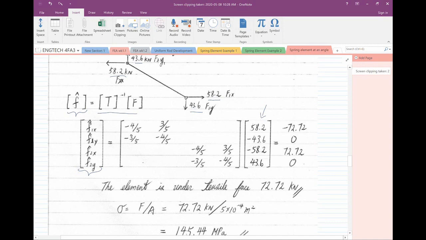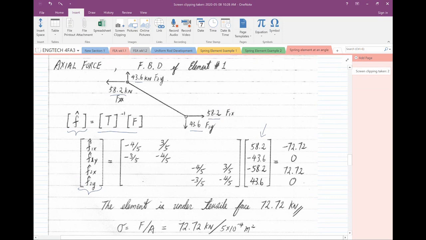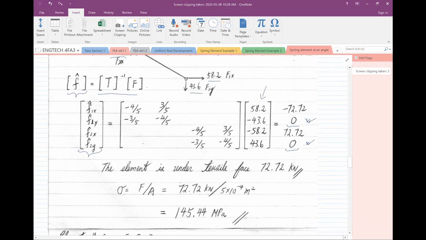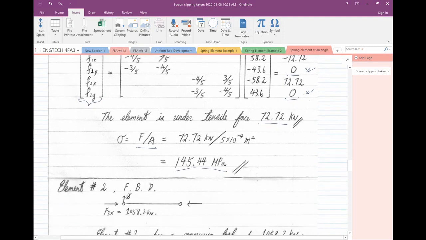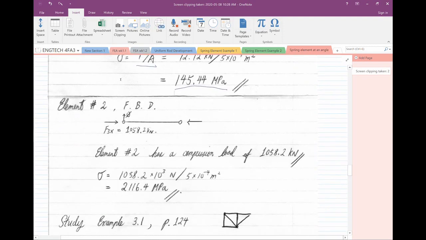As you can see, nothing is acting in the y direction because all the force is acting axially along the rod. So we know the rod is under a tensile force of 72.72 kilonewtons. And we know force over area is stress, so we can calculate the stress based on the numbers here.